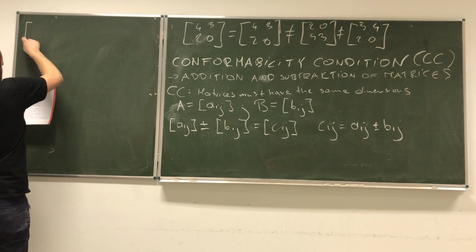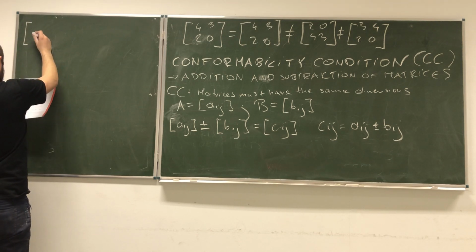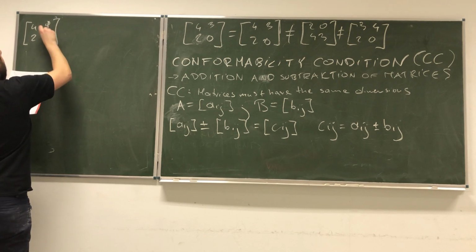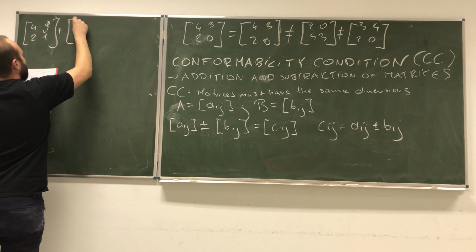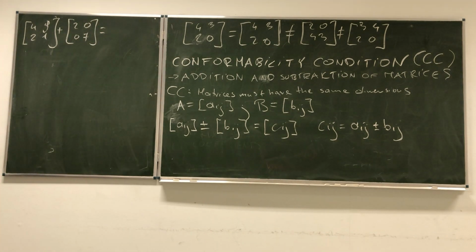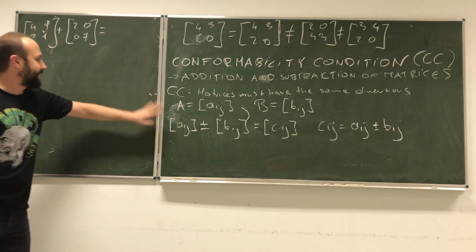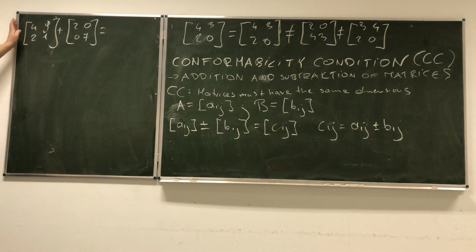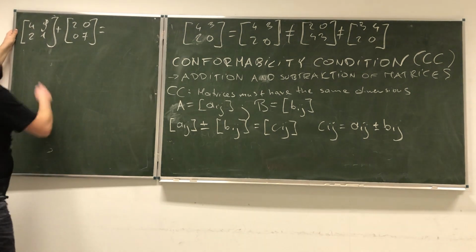If I have the matrix 4, 2, 9, 1 and the matrix 2, 0, 0, 7, all I need to do, in line with what we already said, is add all corresponding elements.